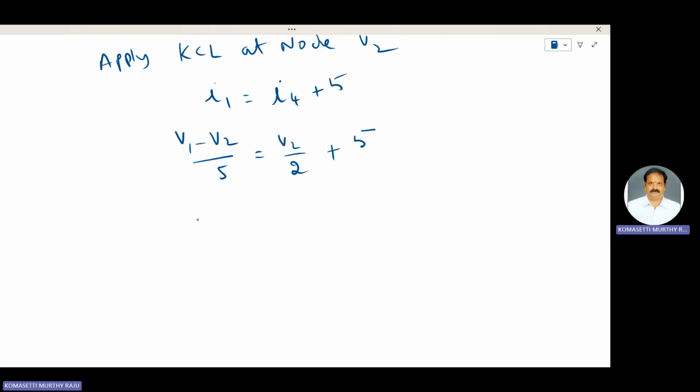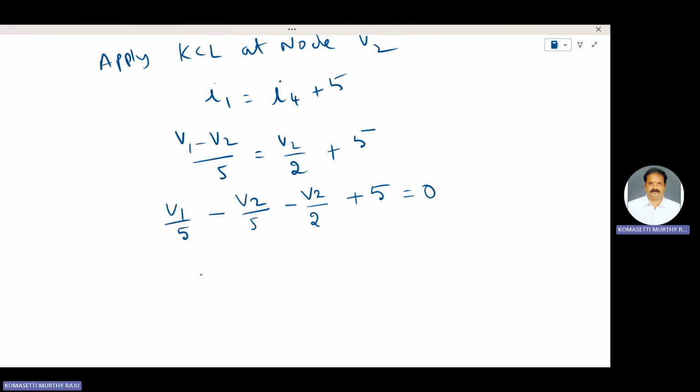Bring V2 to this side. V1 by 5 minus V2 by 5 minus V2 by 2 minus 5 is equal to 0.